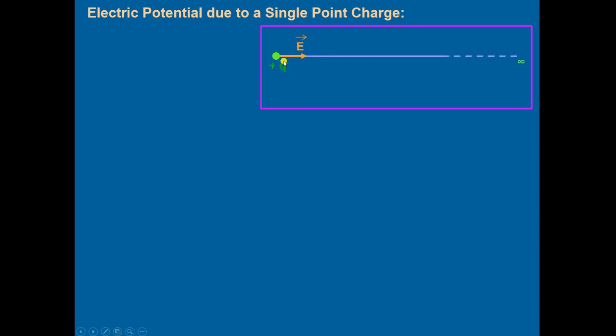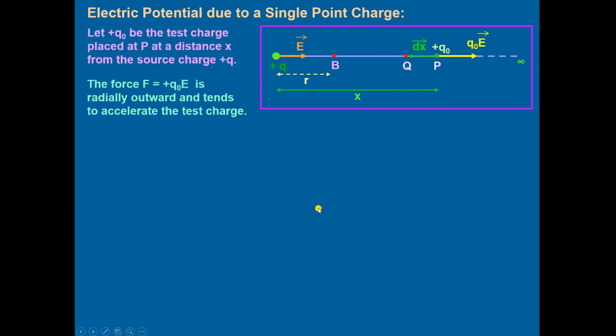Consider a positive point charge Q and consider another test charge q naught at position P. Let q naught, positive, be the test charge placed at the point P at a distance of x from the source charge Q, positive.